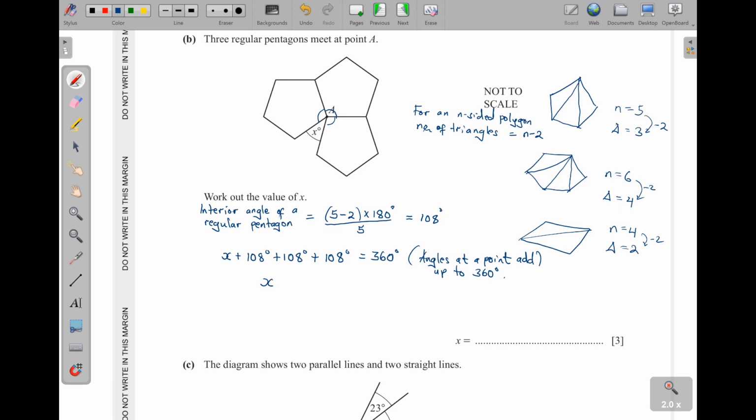So my x is therefore going to be equal to 360 degrees minus 324. When you add all of this, the answer becomes 36. Alternatively, somebody could begin by finding the exterior angle of the regular pentagon.